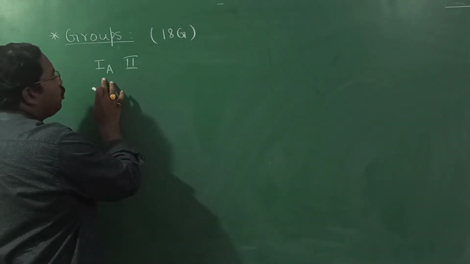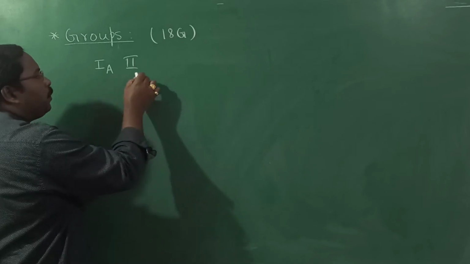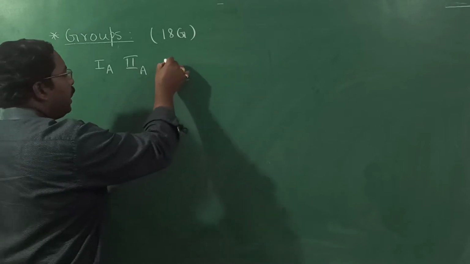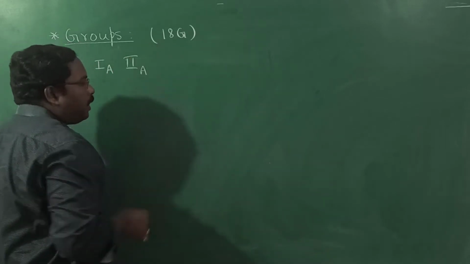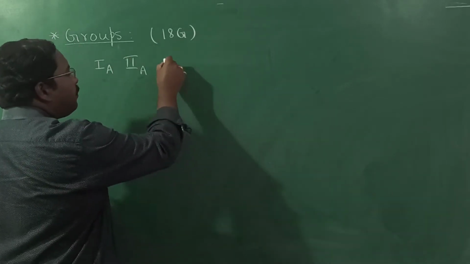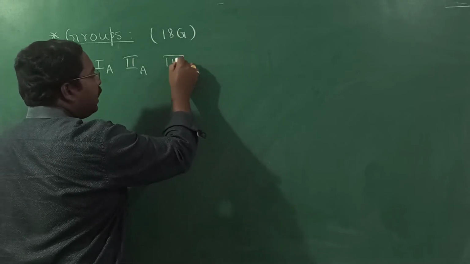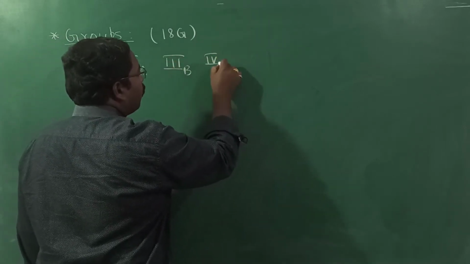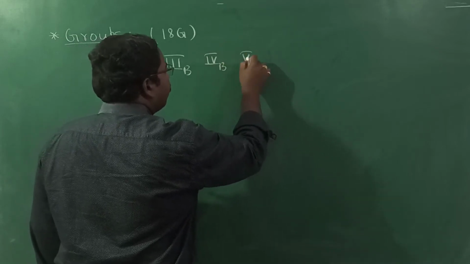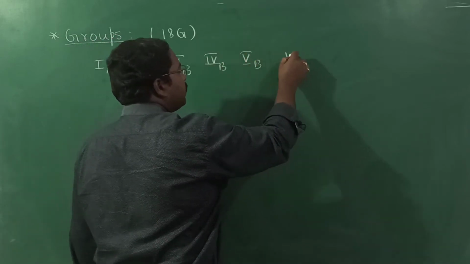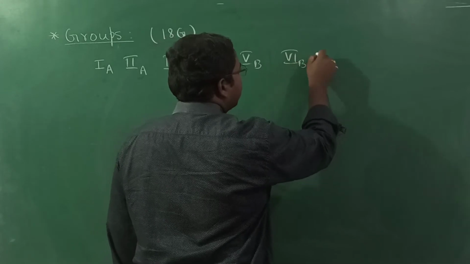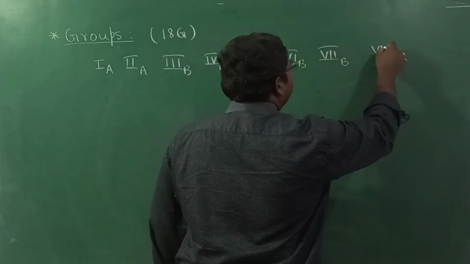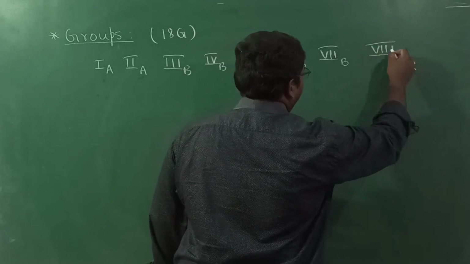The first group is represented as 1A, and the second group is represented as 2A. Here you should be careful. Instead of 3A, here you will get a 3B group, 4B, 5B, 6B, 7B, and the 8th group.